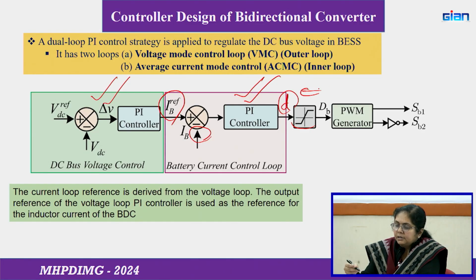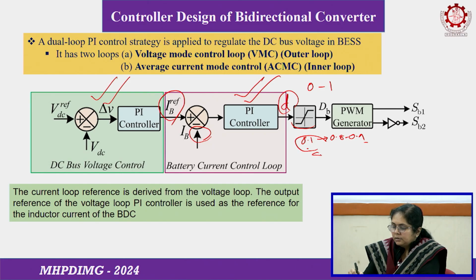Though we say the duty cycle can be varied from 0 to 100%, or 0 to 1, practically it is better to use between 0.1 or 0.2 to 0.8 or 0.9, meaning 10% to 90% or 20% to 80%.